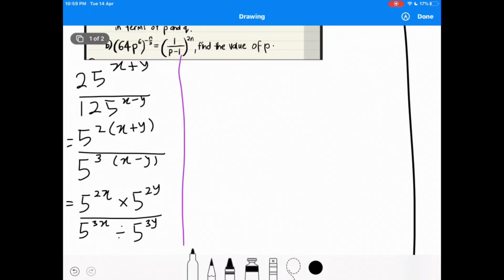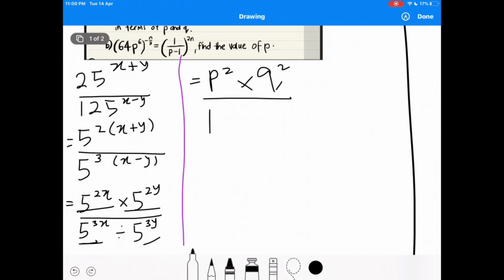Since we know that p equals 5 to the power of x and q equals 5 to the power of y, we can convert 5 to the power of 2x and 5 to the power of 2y into p and q. And convert 5 to the power of 3x and 5 to the power of 3y into p and q too.